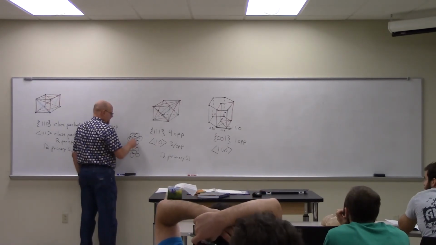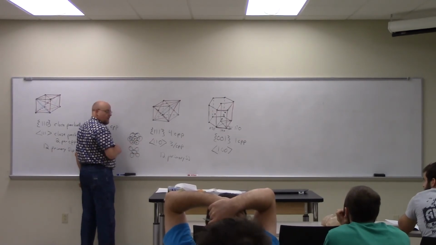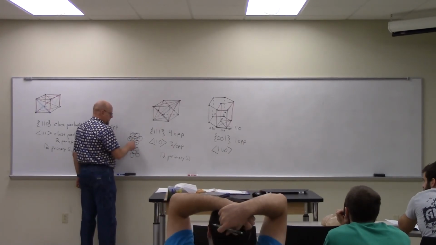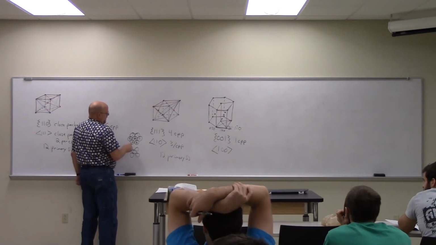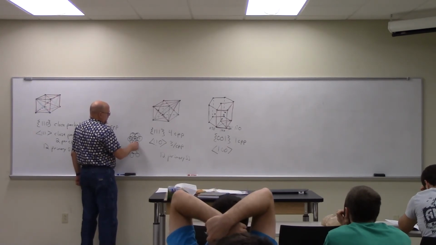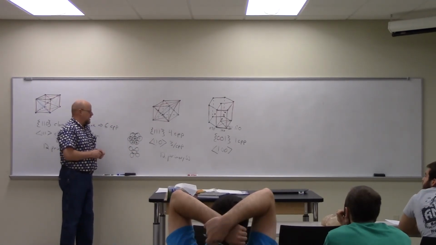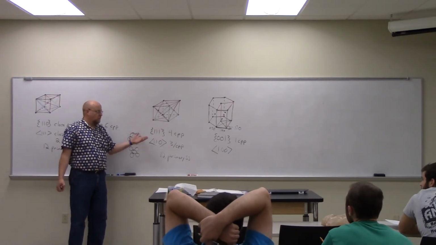From the hexagon, this is my origin, this is A, and this is B. So 1, 0, 0, and 0, 1, 0 are the same, or, oh, sorry, 0, 1 bar 0 are the same, and 1, 0, 1 bar would be, actually that would be this direction right here, is going to be 1 bar 1, 0, actually. But anyway, the point is, it's the triangular ones, right? The ones where the atoms touch. The close packed directions are the ones where they touch.